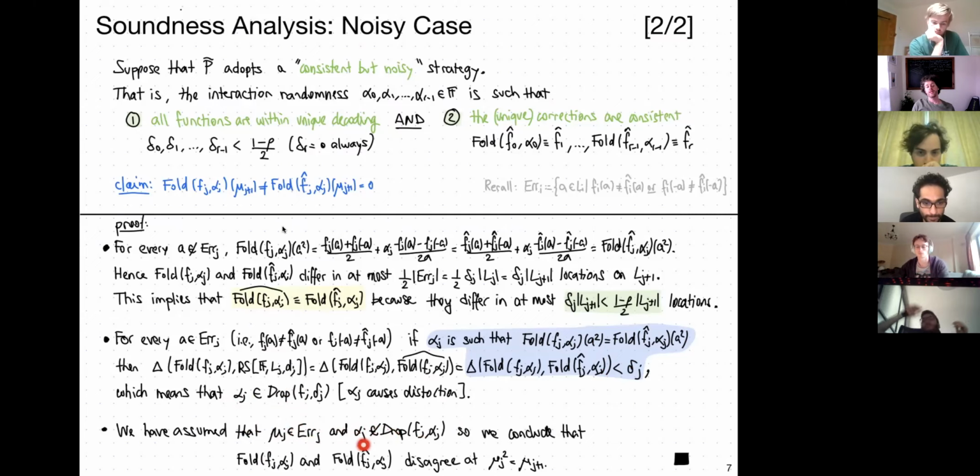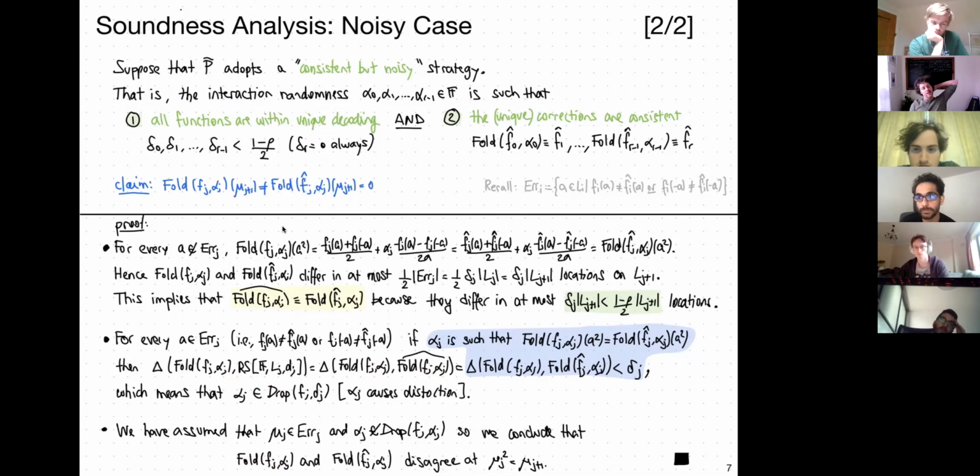And if it's not in the drop set, and we know that it is not in the drop set, this cannot happen, and thus the folding of the function and the folding of this correction must disagree on that point.